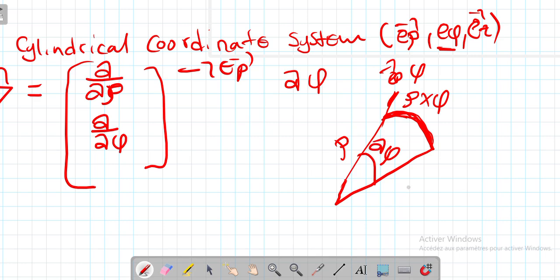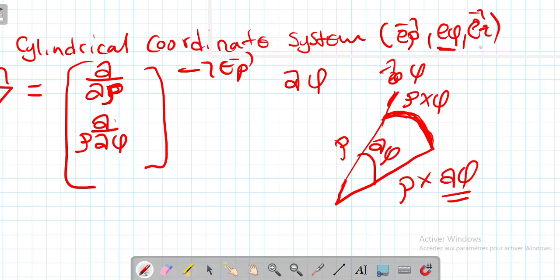When you multiply rho by the smaller change in angle, this is arc length. So since this was distance, this has to be converted to distance just by multiplying by rho. In other words, you identify which angle phi is associated with, the radius rho. So you put rho, then phi.